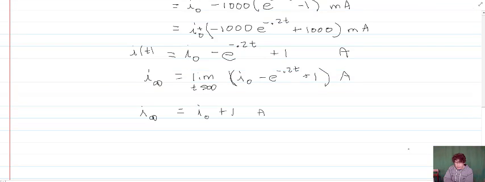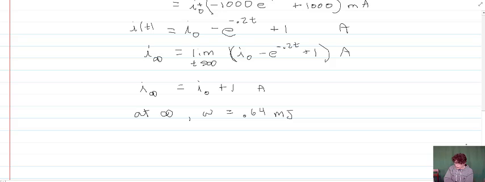All right, so how does this help us? Well, we know at infinity the energy stored in this inductor was 0.64 millijoules. And we know that energy is given by 1/2 L i squared.